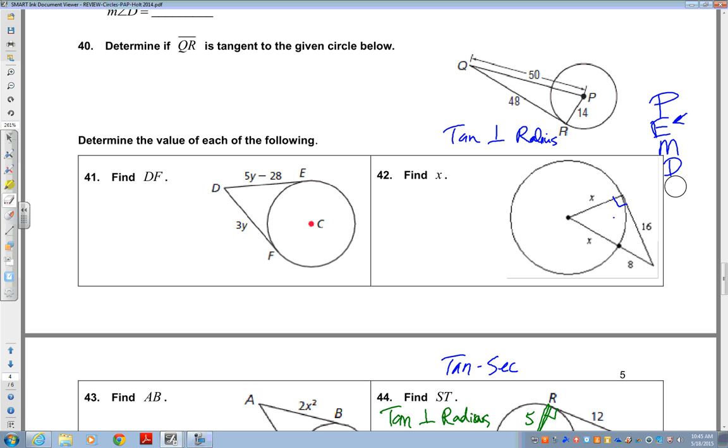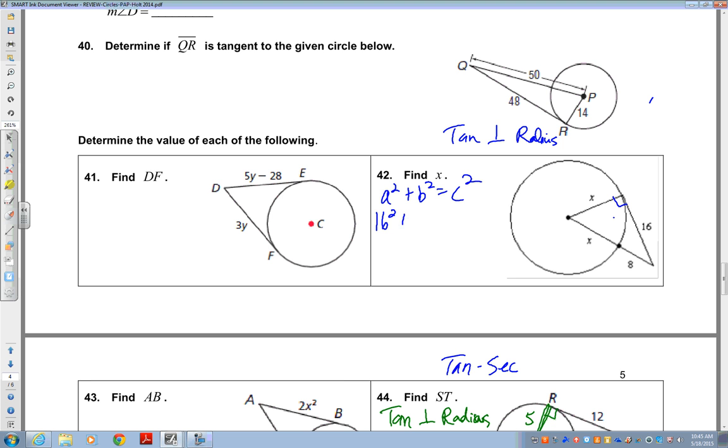Okay, so, all right. Pythagorean theorem would be a squared plus b squared equals c squared. So you have to substitute the parts into the Pythagorean theorem. A and b are the legs, c is the hypotenuse. So what are my parts? 16 could be a squared.